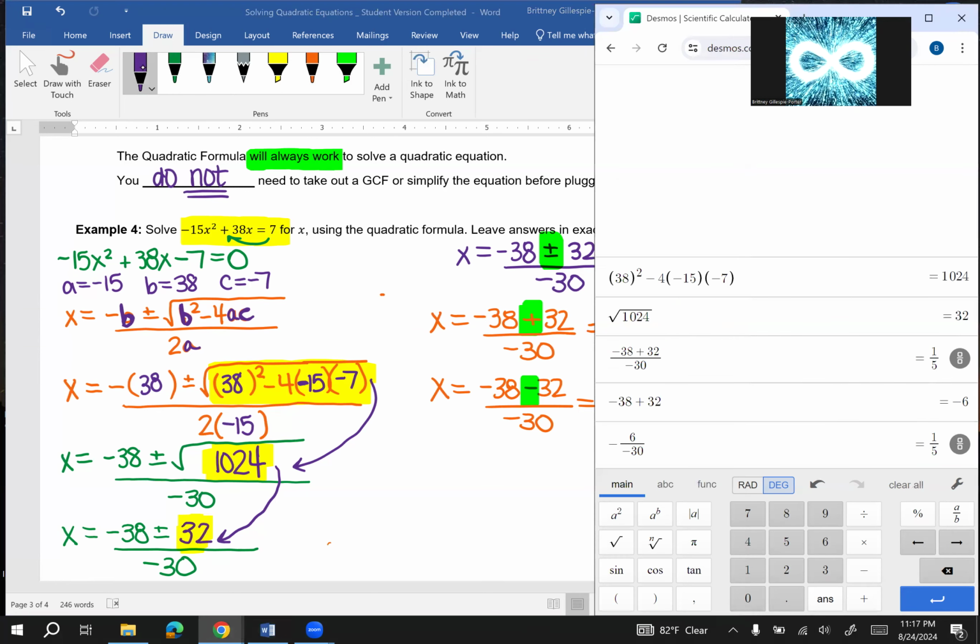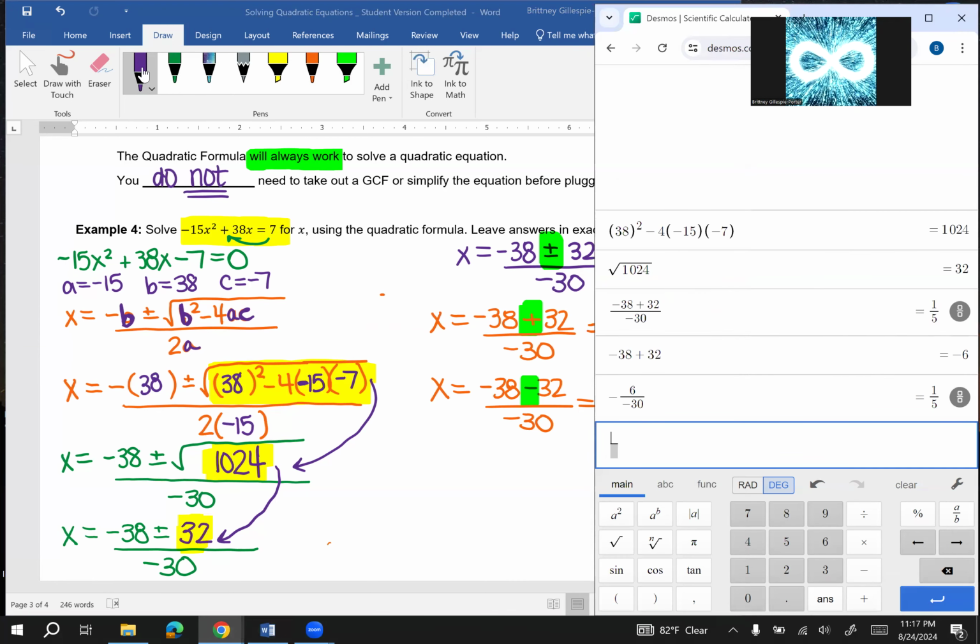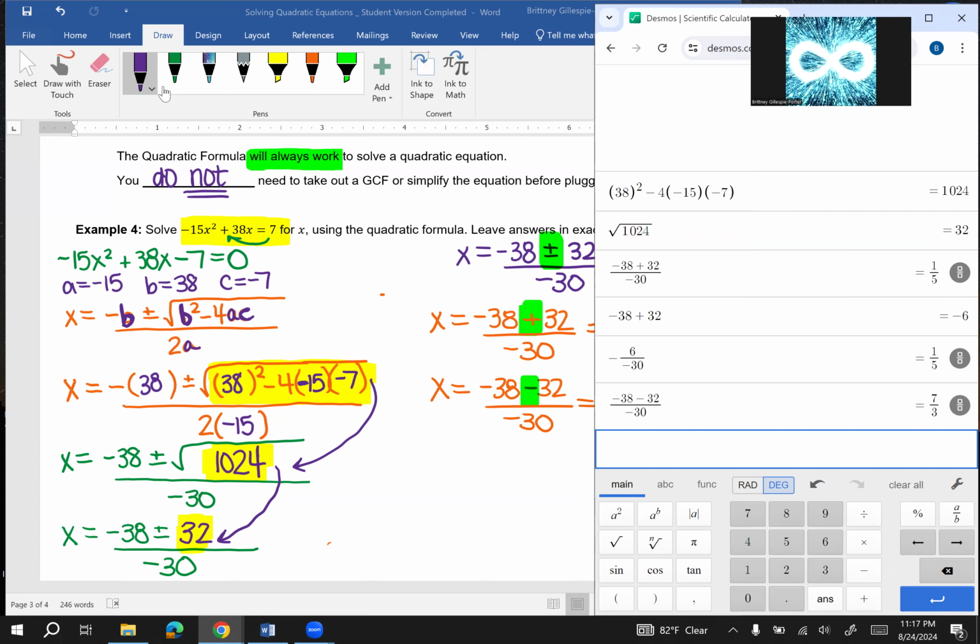Let's find our second answer. Again, if you're using the first type of calculator, you can do this all in one by pressing the division first. Negative 38 minus 32 all over negative 30. That's a crazy decimal that just keeps going. We don't want decimals, we want exact answers. So we're going for an answer of 7/3. Again, if you're not getting that when you convert from your decimal to your fraction, take the numerator first, the top.